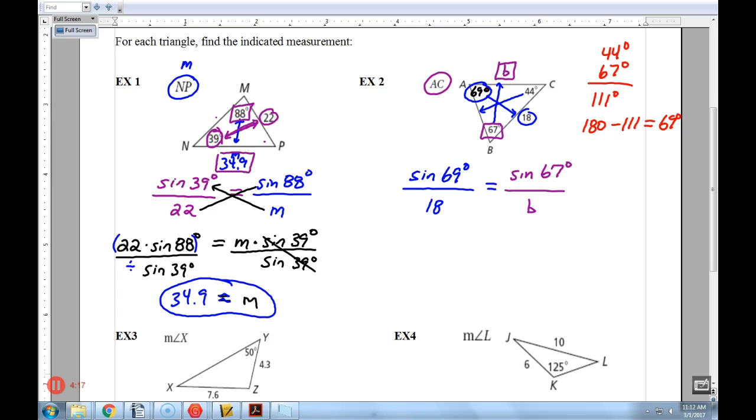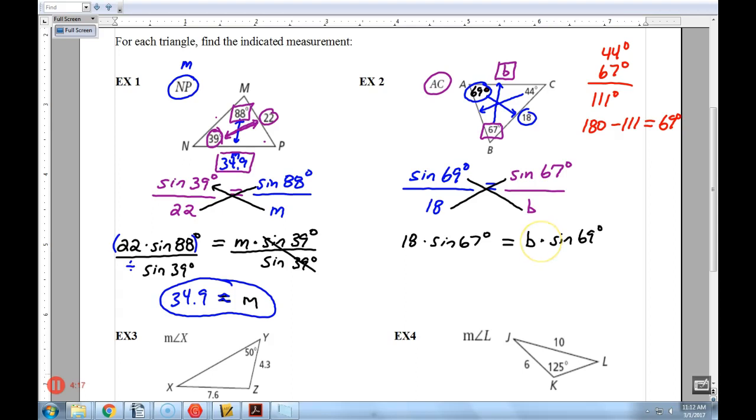And now I cross multiply, and I get 18 times the sine of 67 degrees equals b times the sine of 69 degrees. Always start with your side. So now I've gotten rid of the two fractions, and I now have just an equation.